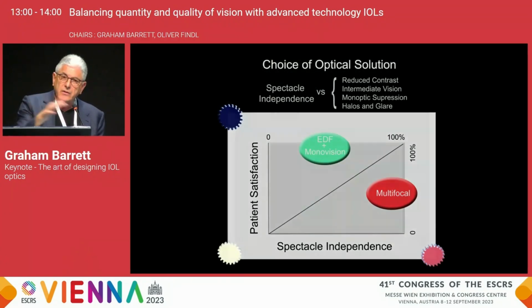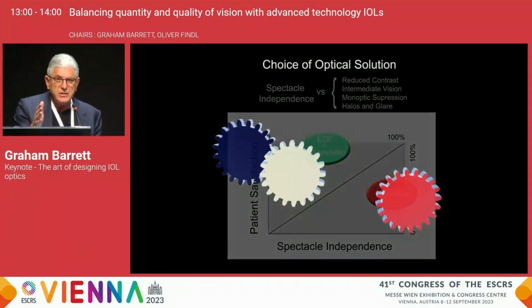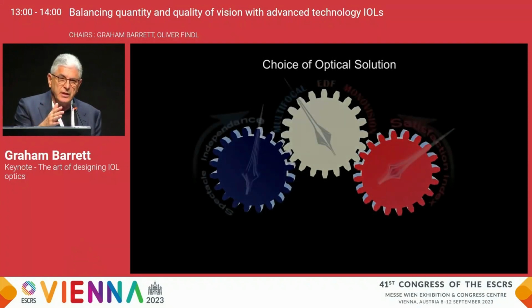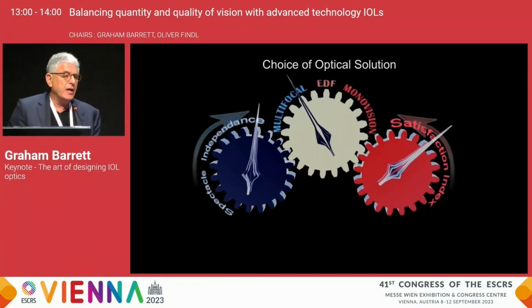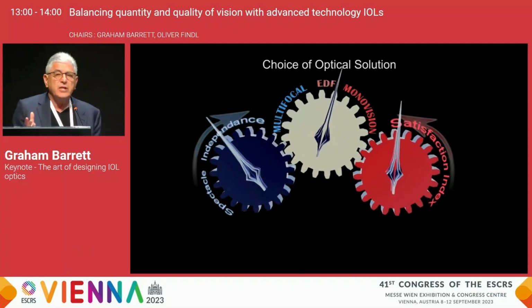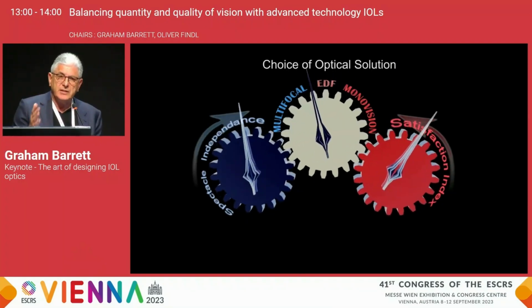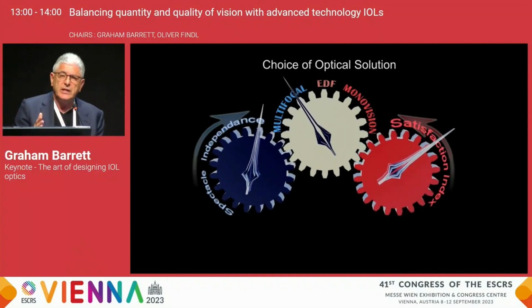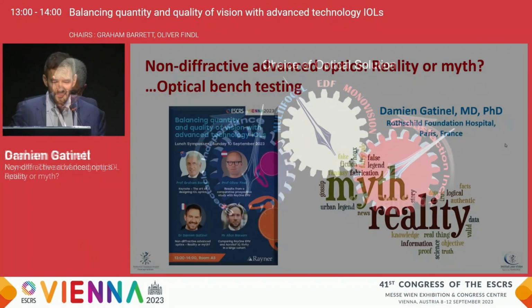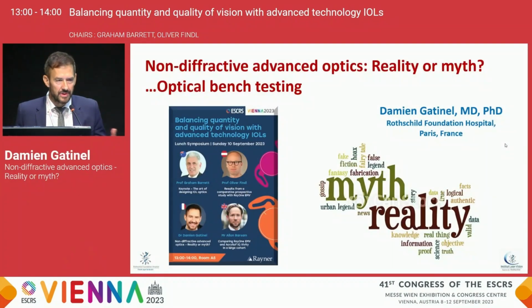And when you look at the options and the balance between quality and reading ability, I would suggest that an extended depth of focus or monofocal plus lens such as the RayOne EMV, based on positive spherical aberration, gives you that best balance.